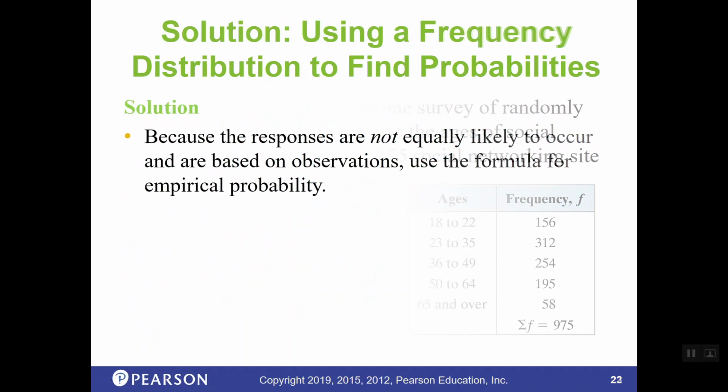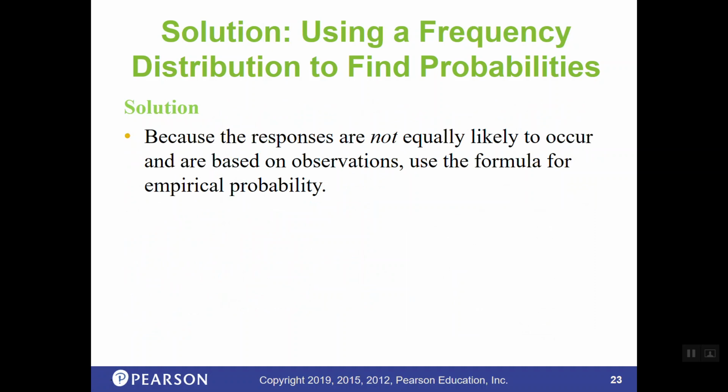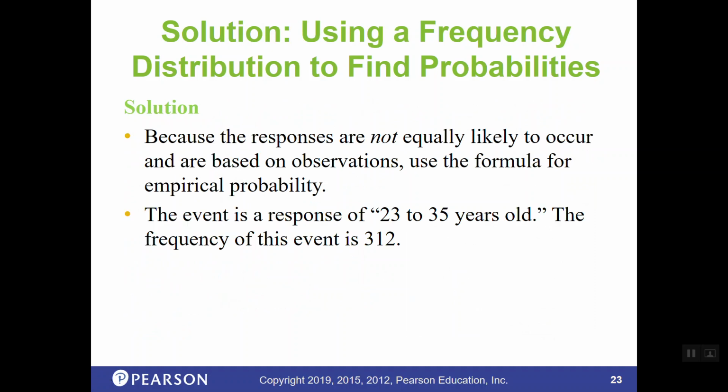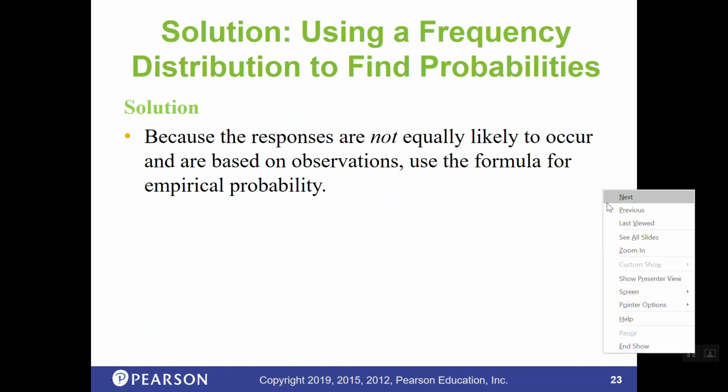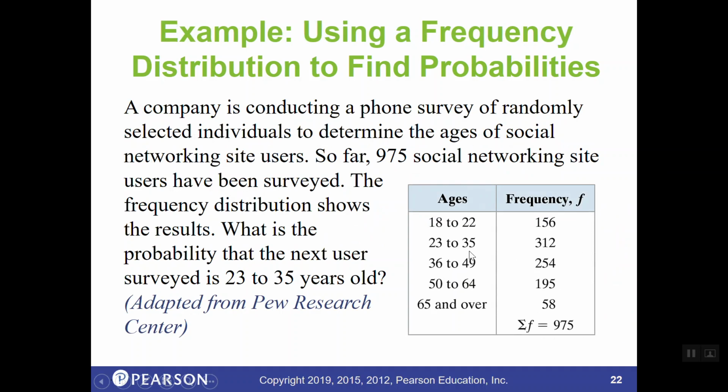Okay, so solution. Because the responses are not equally likely to occur and are based on observations, you're going to use the formula for empirical probability. So the event is a response of 23 to 35 years old. The frequency of this event is 312. So let me go back to that slide so that we can see it again.